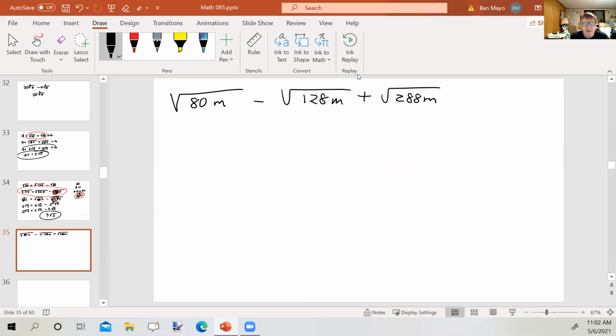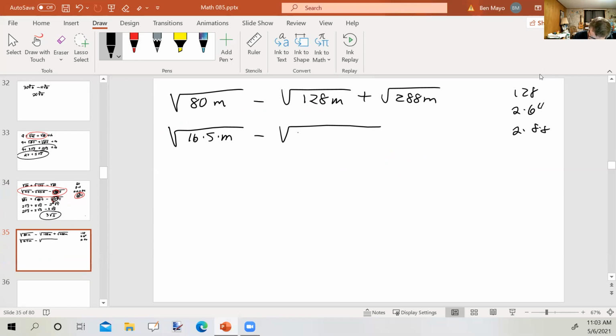So again, I'm taking square roots, so I want perfect squares. We just did 80, so that's going to be 16 times 5 times m minus, let's see, 128 is 2 times 64, 2 times 8 times 8. So, oh, 2 times 64. So 64 times 2 times m.